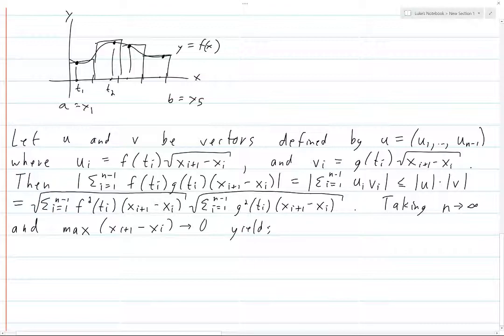We have this inequality here. So the very left-hand side of this inequality, when we take the limit, well, look, this sum is just by definition the integral of f times g. So on the left-hand side, we have the integral from a to b of f times g.